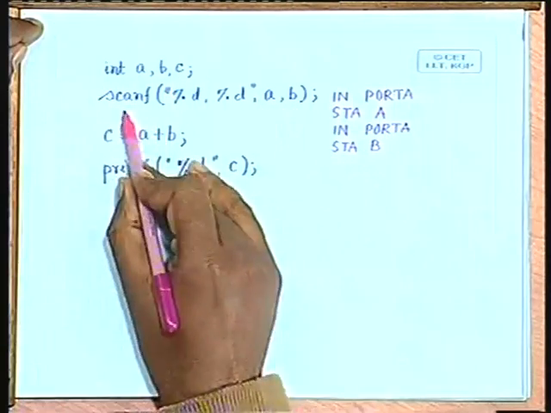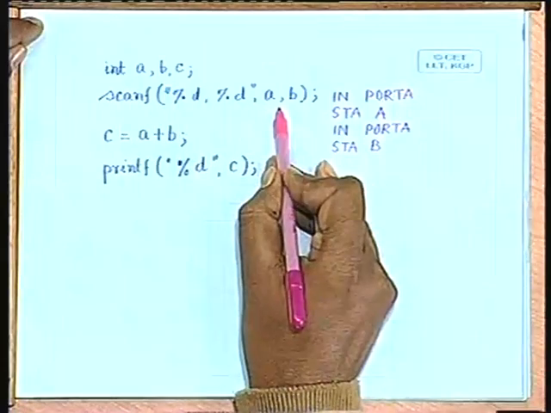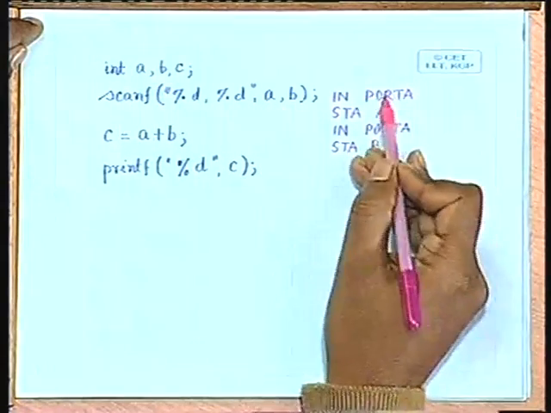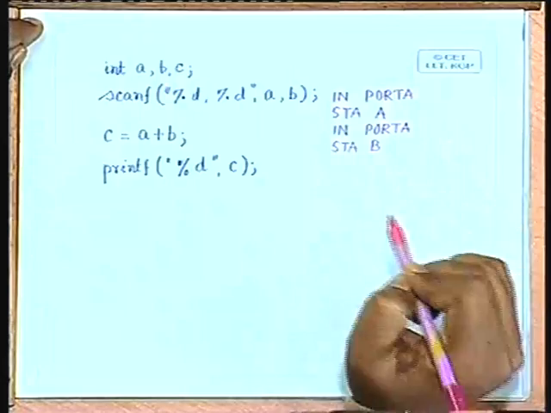So, you find that a single instruction in a high level language is actually converted to a number of instructions in assembly level.